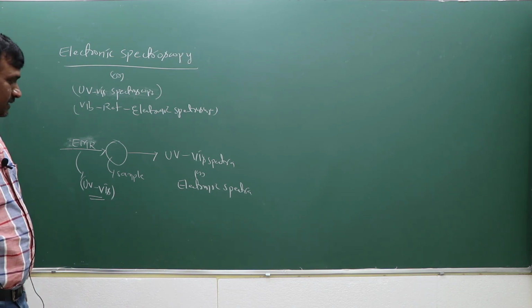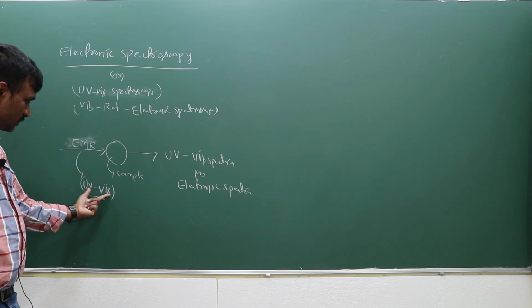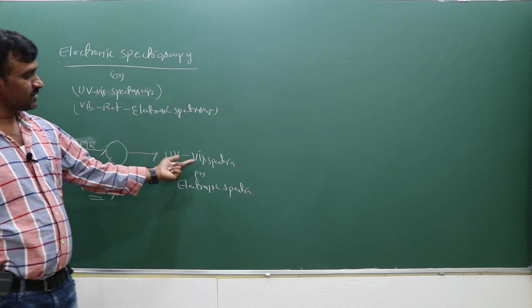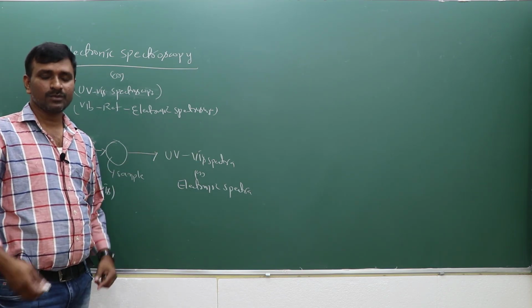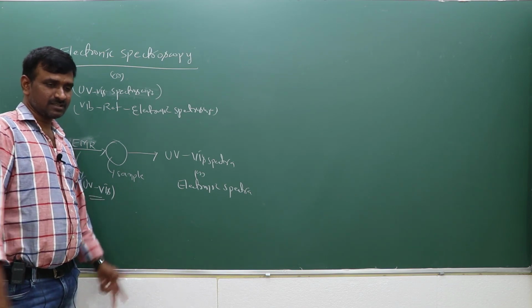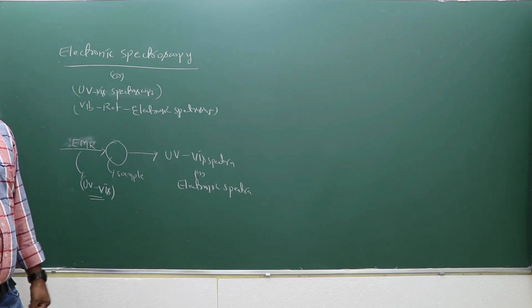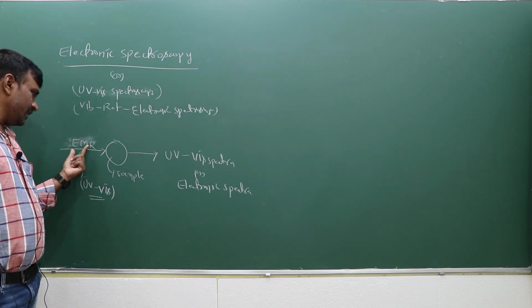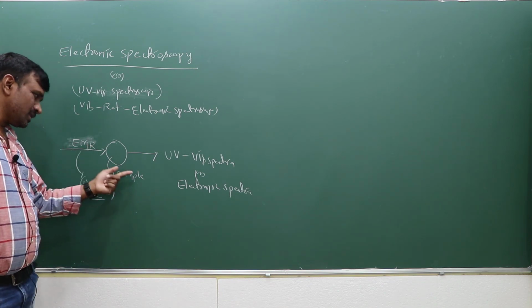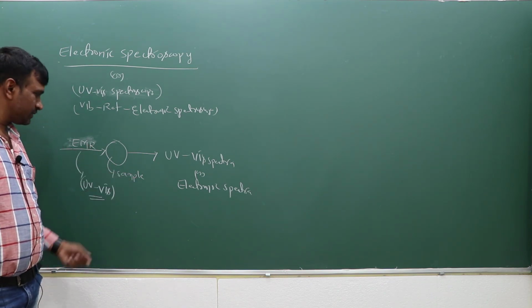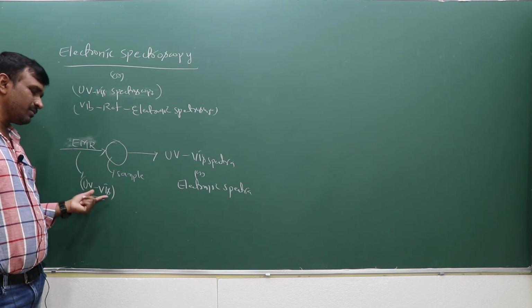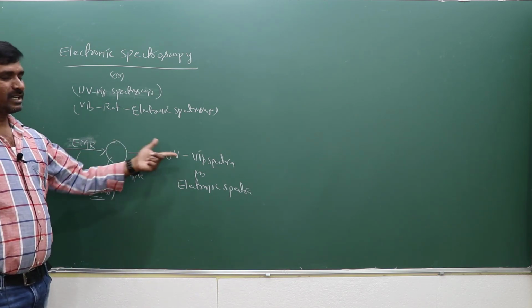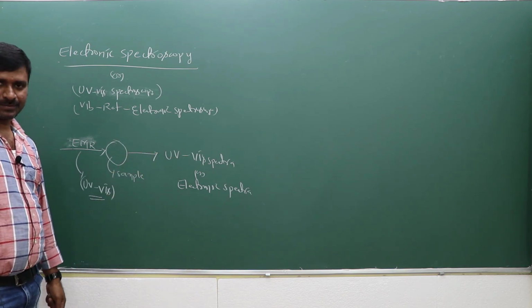What happened here in this case? This sample absorbs the UV visible range of radiation, so it will give UV visible spectra. That study is considered UV visible spectroscopy. If the electromagnetic radiation is passing through the sample and the sample absorbs infrared radiation, that gives infrared spectroscopy.